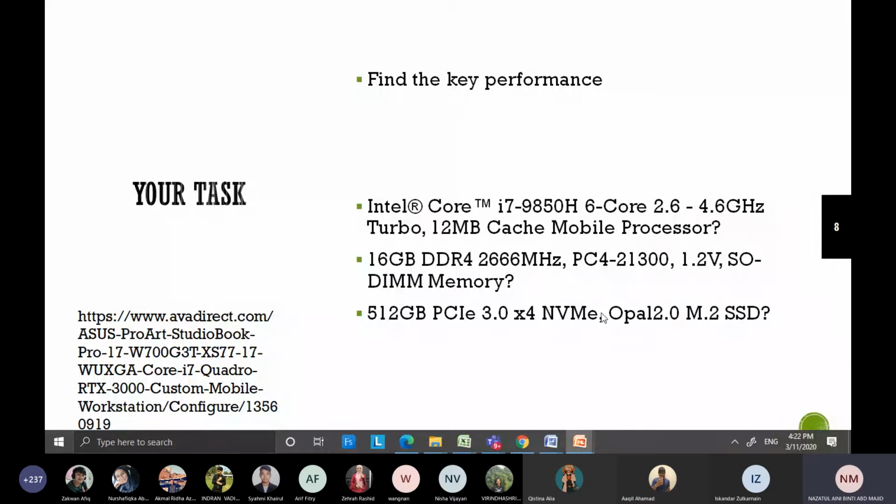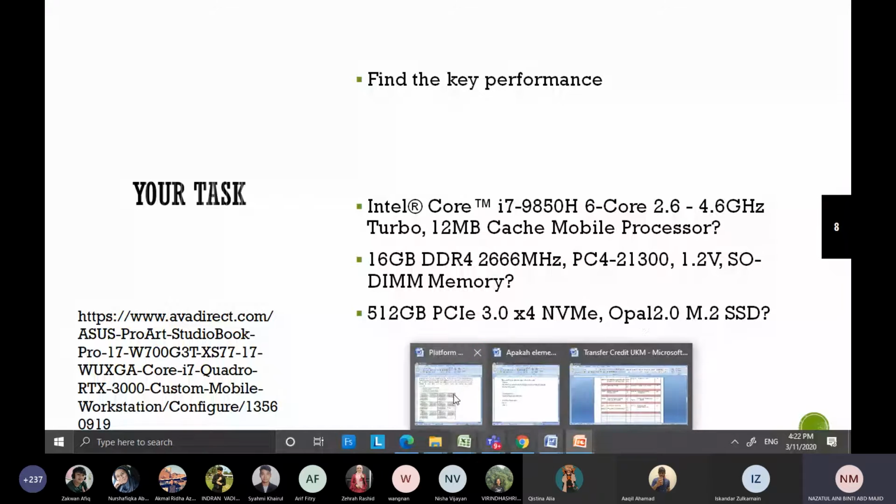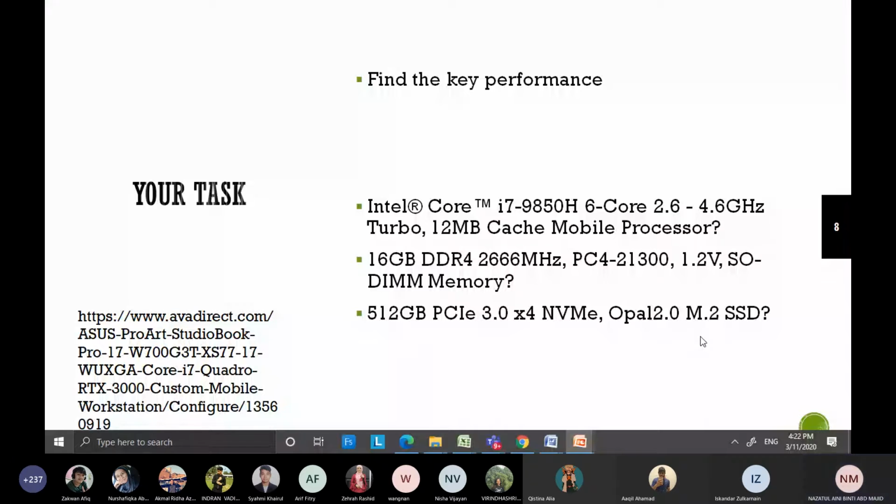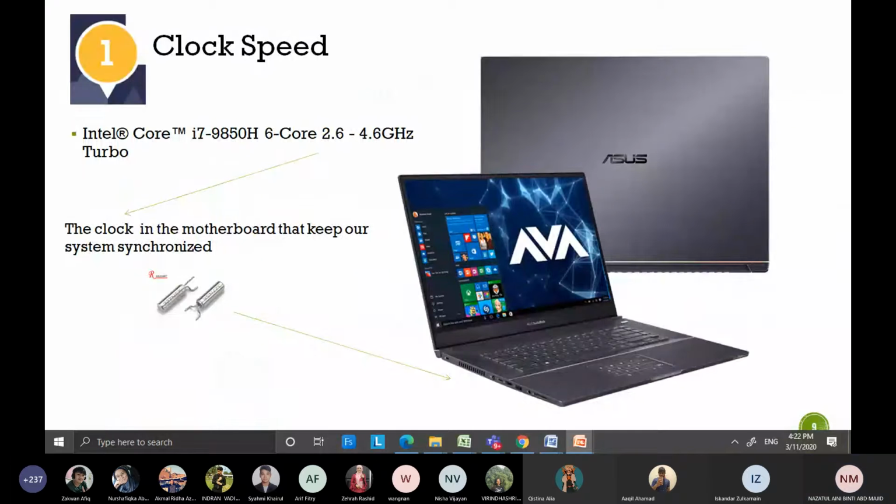Because the technology changes almost every year, the technical details here might change, but the fundamental concepts of CPU, RAM, and storage we will cover in our course. First, we look at the first key performance factor, which is clock speed.